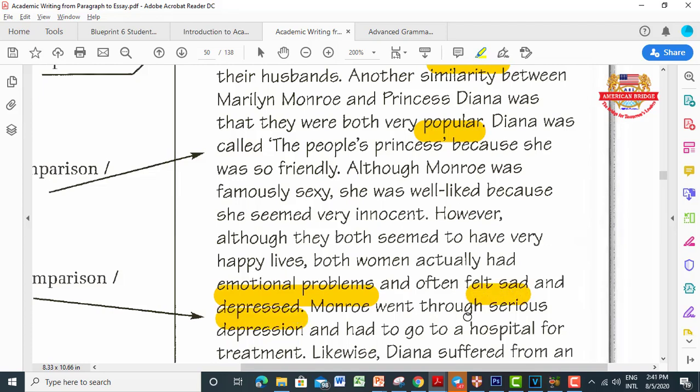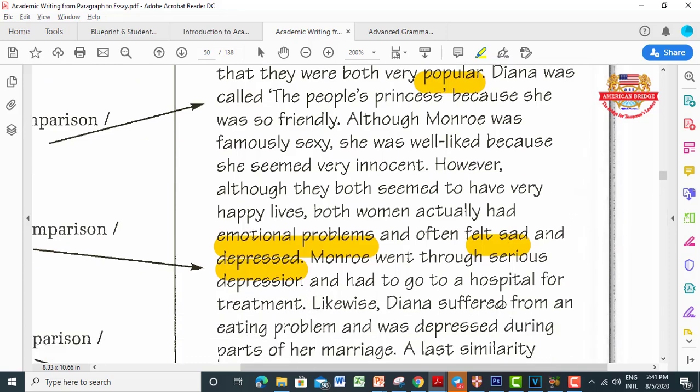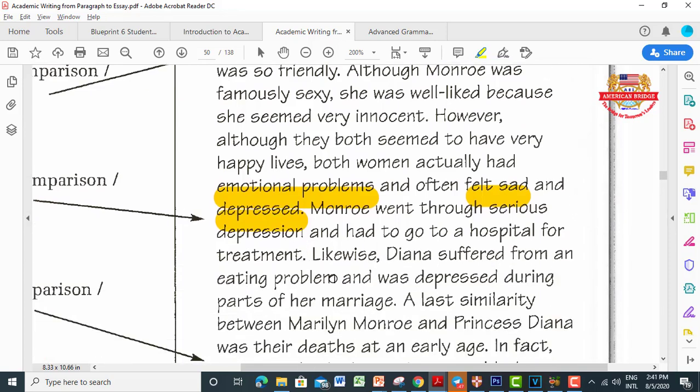Monroe went through serious depression and had to go to the hospital for treatment. Likewise, Diana suffered from an eating problem and was depressed during part of her marriage.